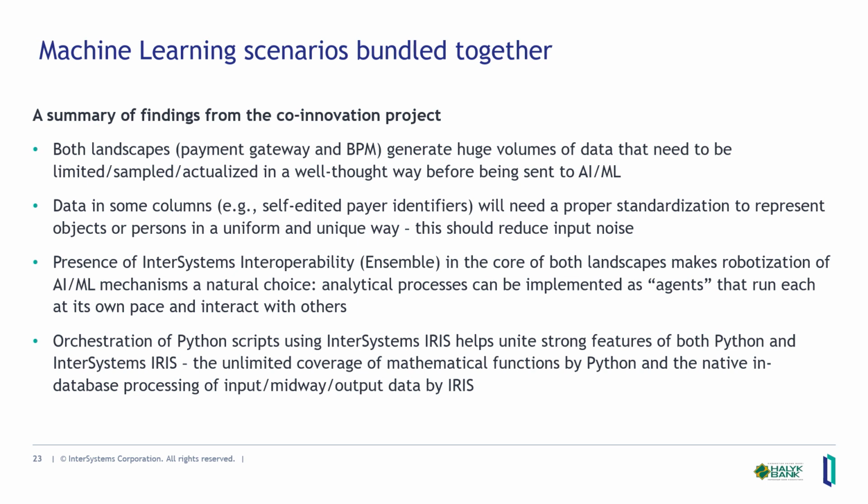We need to improve some of our data. We need standardization to represent an object or person in a uniform and unique way, to reduce some noise in our models and prototypes.